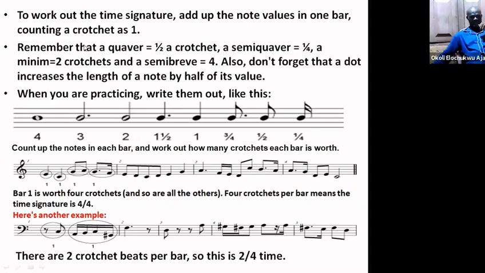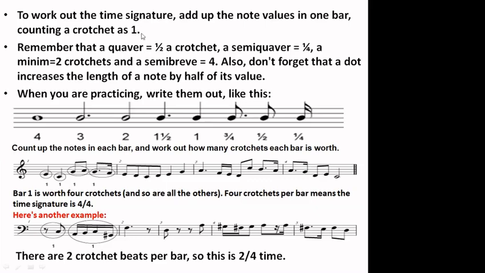Okay, Julius said I should take it again. We are dealing with crochets here now. He said to work out the time signature, add up the note values in one bar, counting a crochet as 1. So when we are counting a crochet as 1, you must remember that a quaver is half of a crochet, and a semiquaver is 1/4 of a crochet.